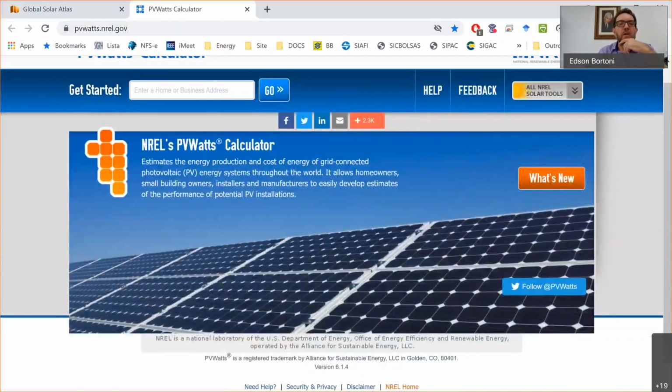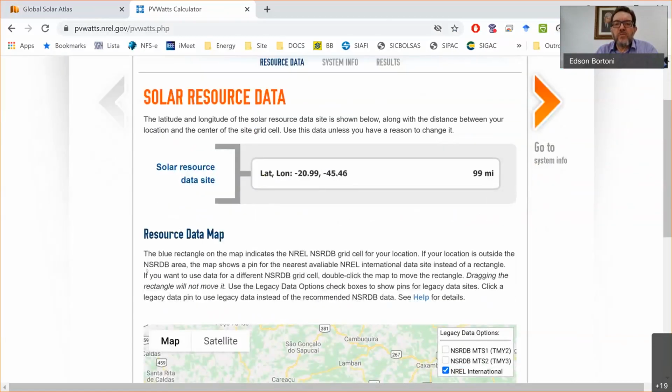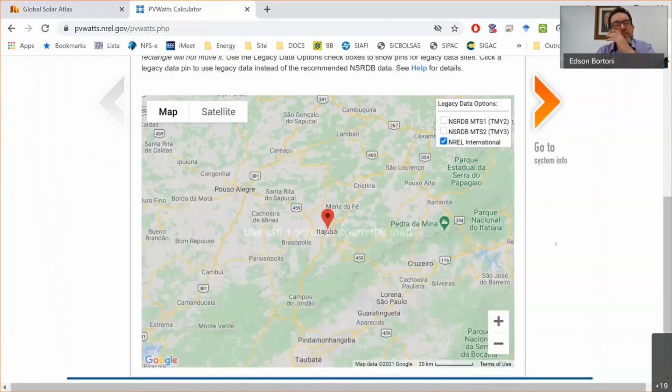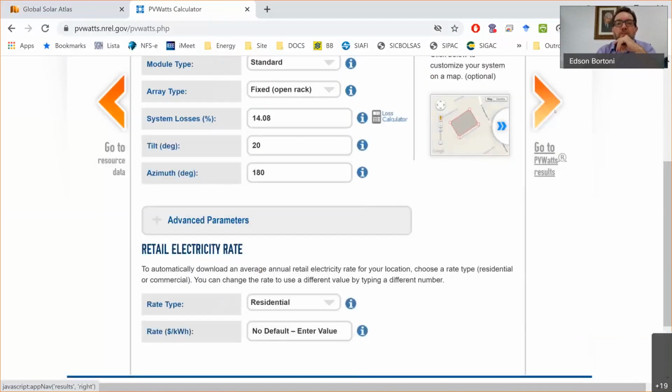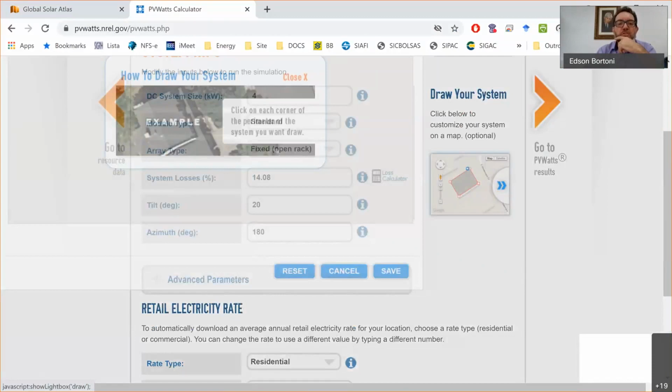Let's make a calculation here. Let's see my city, Itajubá, Minas Gerais, Brazil. Latitude, longitude. It is this place here, Itajubá, on the map. So let's make the calculation. Let's see the area. I click here.